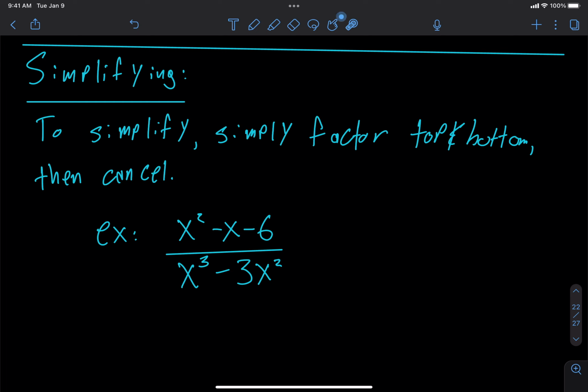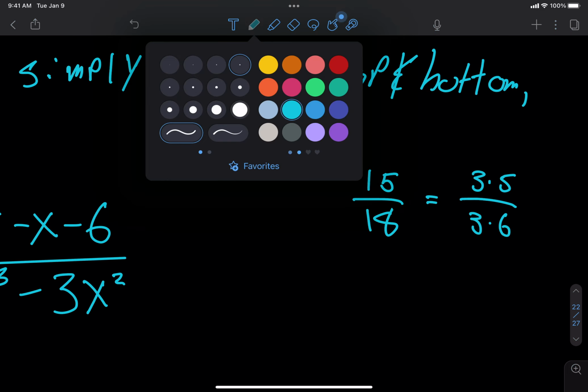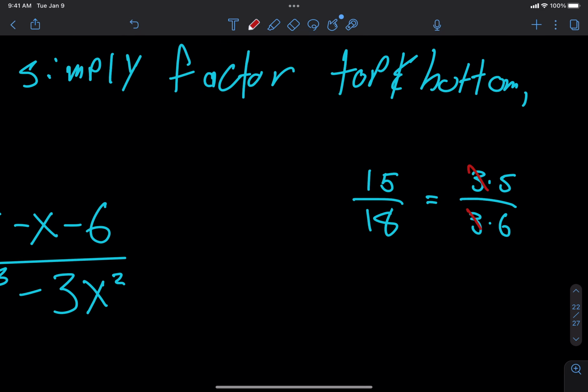The same way that if I had 15 divided by 18, I would factor the top into 3 times 5, and the bottom into 3 times 6, and then I would cancel out the 3's. And then I would be left with 5 over 6.